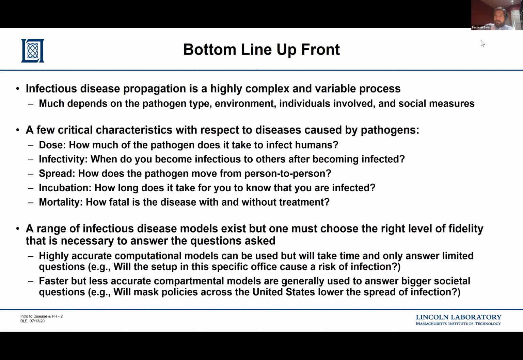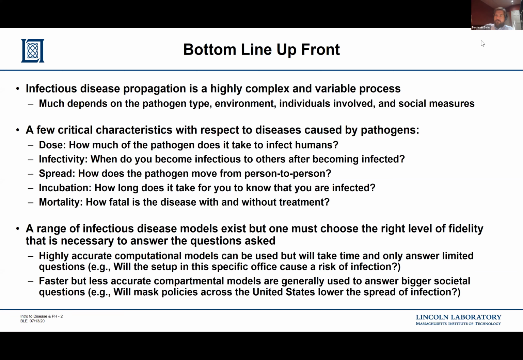If you have something like Ebola, it's sort of a dice roll as to whether you're going to live, depending on where you are in the world, as opposed to COVID-19, which is below 10% in most cases, depending on your health. To that point, there are a range of infectious disease models that you could use for your game. You could use a highly accurate computational model that is very intensive, but it answers a very specific question.